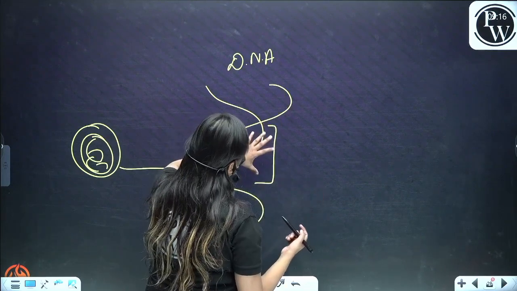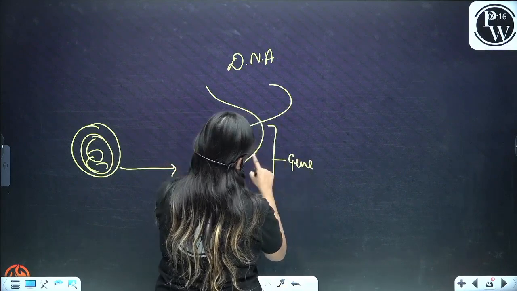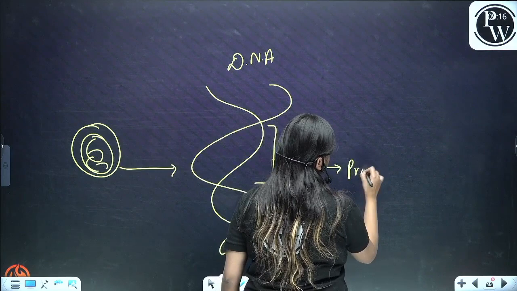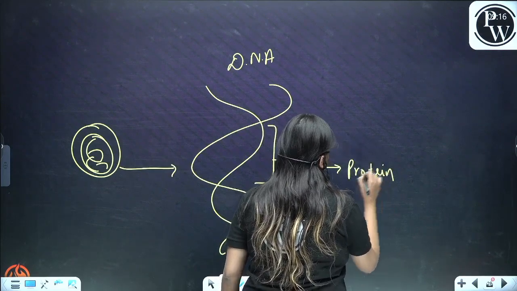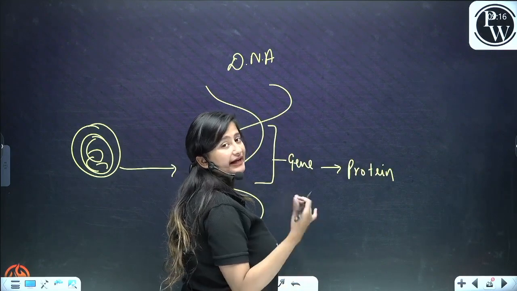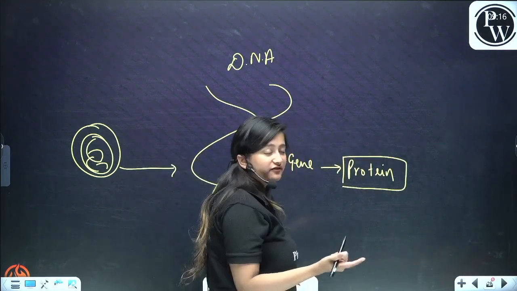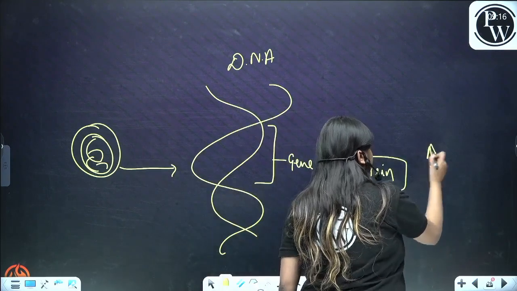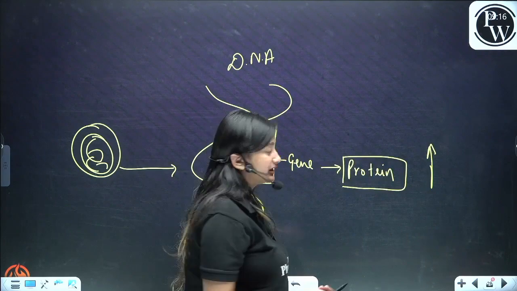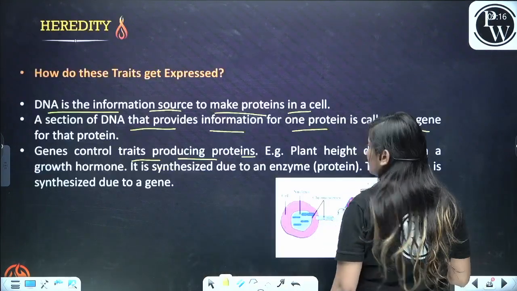So this segment of DNA is called a gene. Now this gene will code for the height protein. If this protein is efficient, there will be a taller plant. If this protein is not efficient, not correct, then the plant might be a short one.